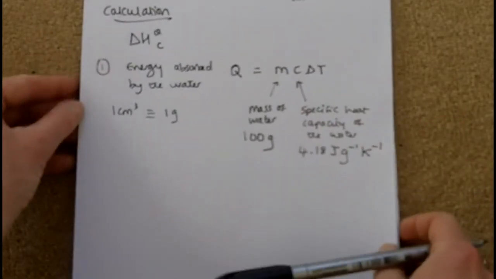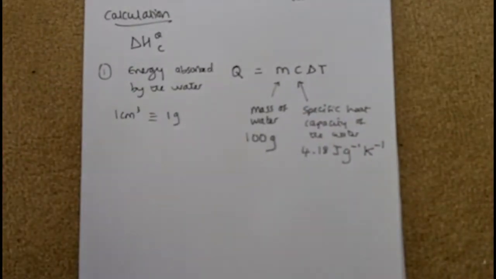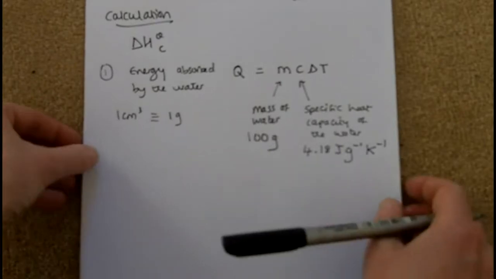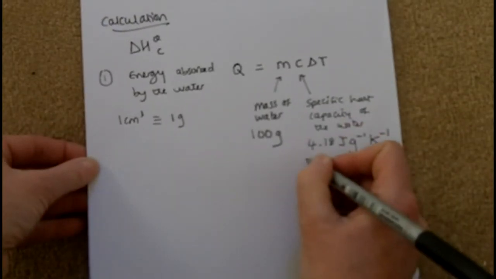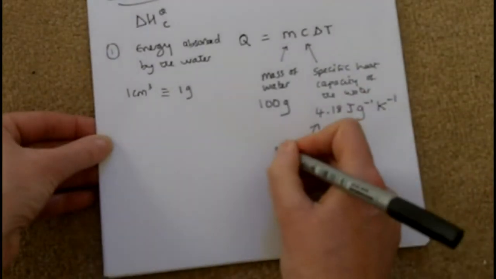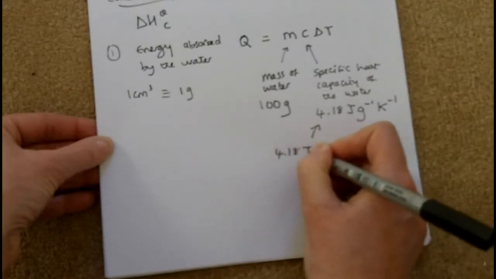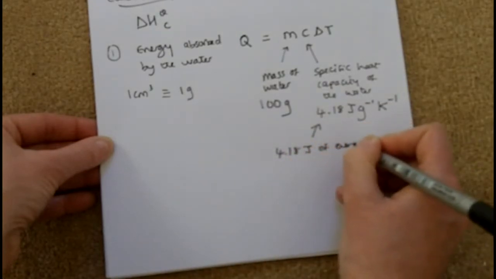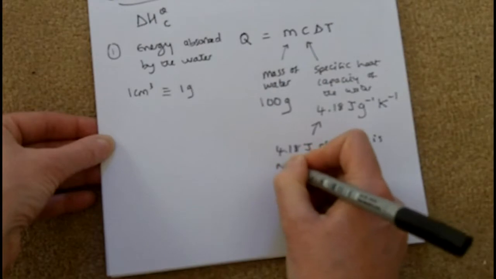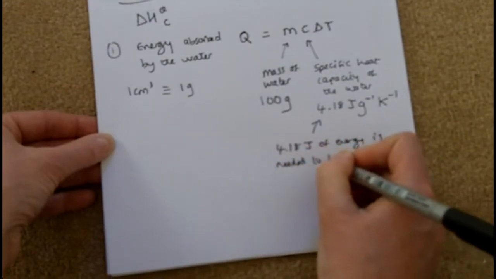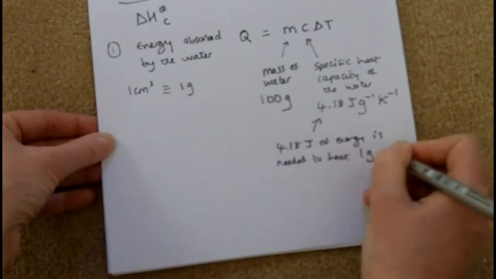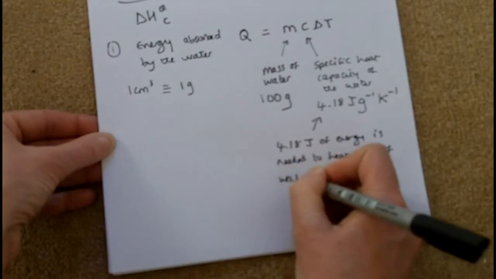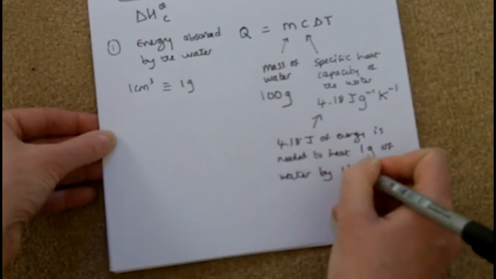You don't have to remember it. What that actually means is 4.18 joules of energy is needed to heat 1 gram of water by 1 Kelvin.